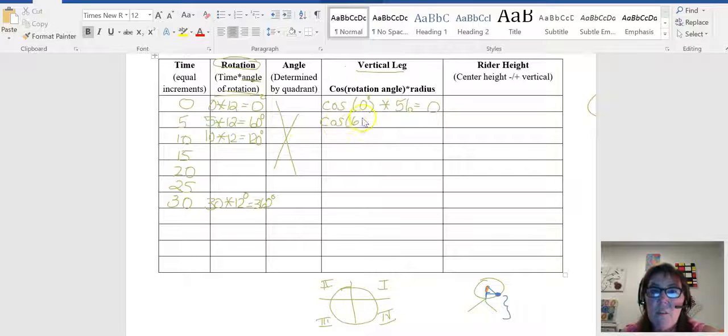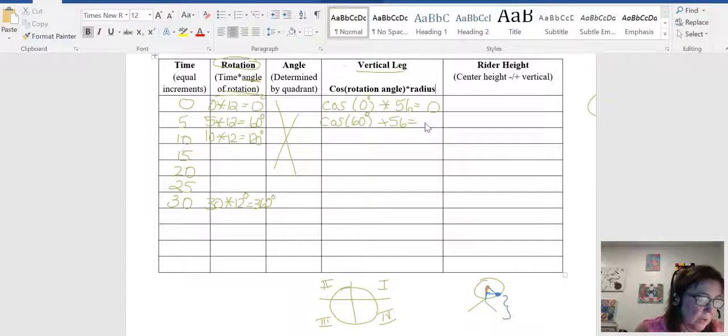Here, I take the cosine of 60 degrees and multiply it by 56. When you're doing your spreadsheet, you can have it deal in radians, and we'll talk about that when we look at the project worksheet. But I'm dealing in degrees here just to show you.